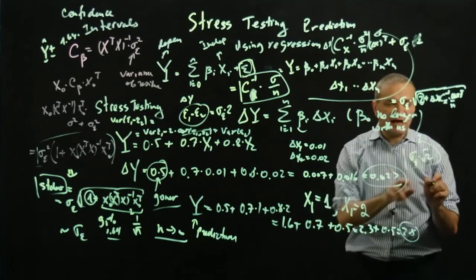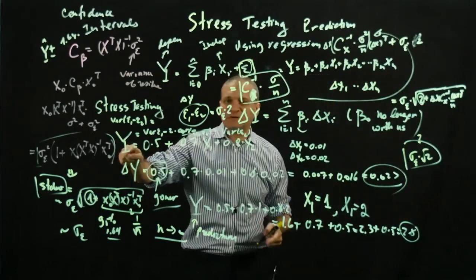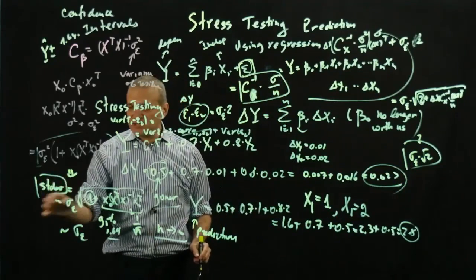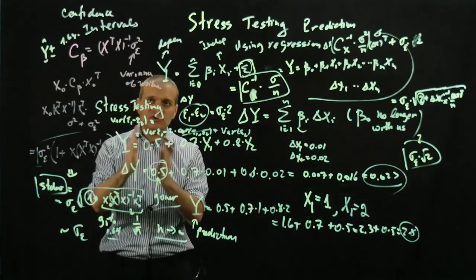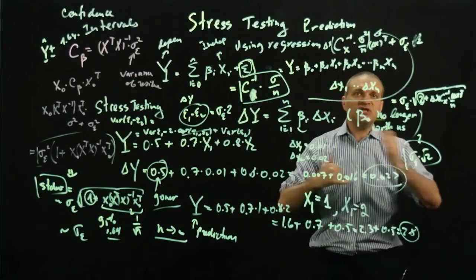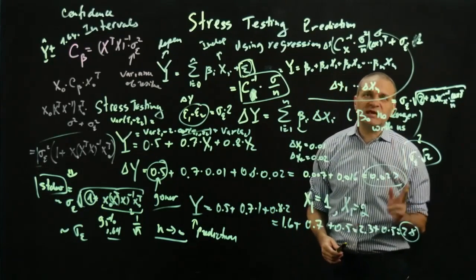But remember, this sigma epsilon is not measured against your prediction. This sigma epsilon square root of 2 is measured against your changes. So then this variance will actually be enlarged.